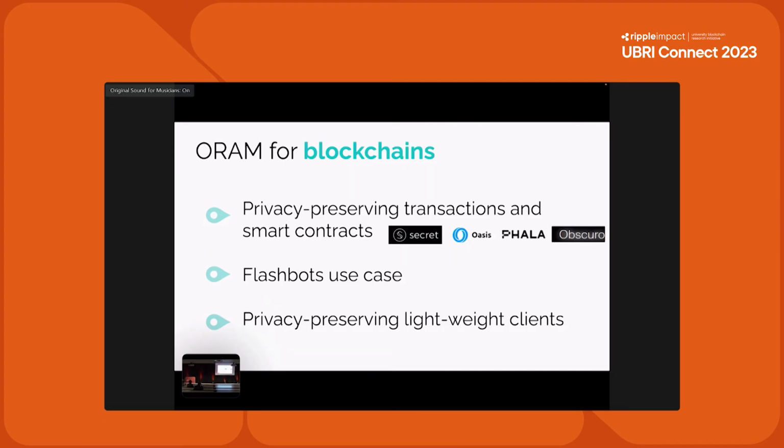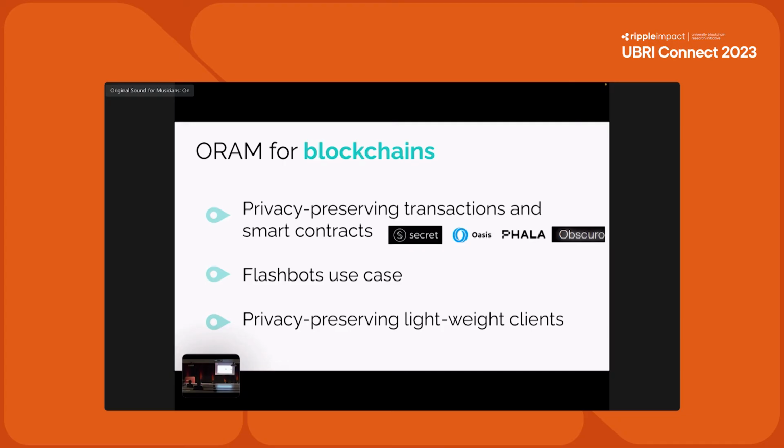So they want to shift to SGX implementation of MEV builders. And there you have to do speculative execution of the EVM smart contracts, and the access patterns there are very leaky. It can leak the sender, the recipient, which MEV you are, which NFT you are interested in trading, and so on and so forth.